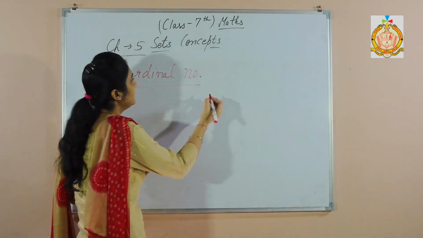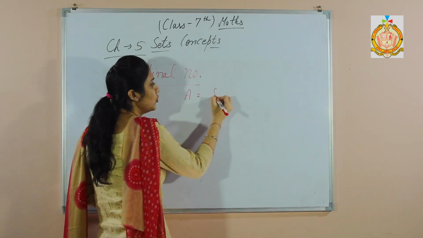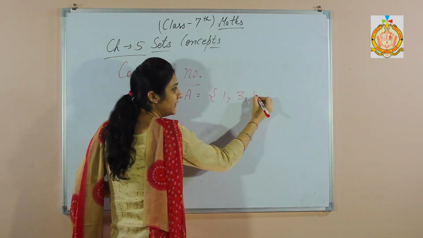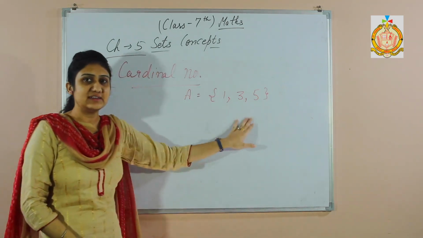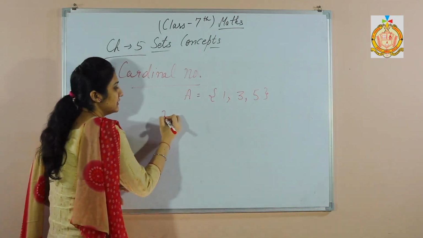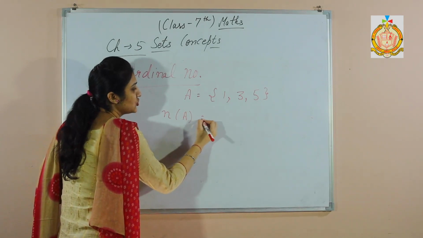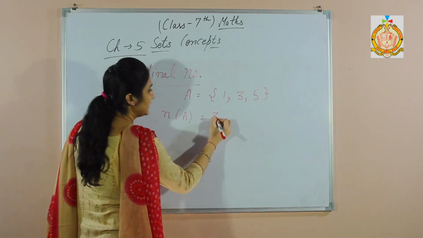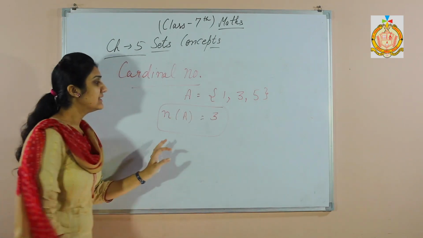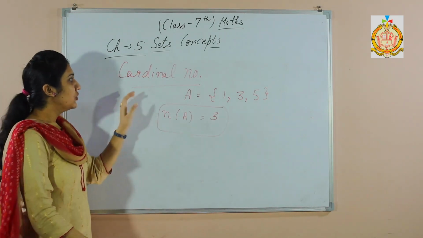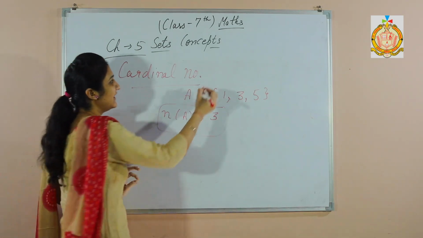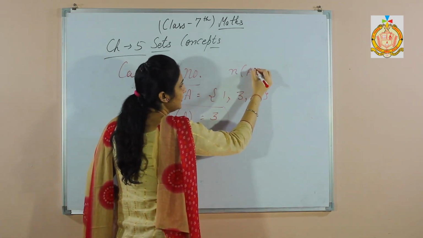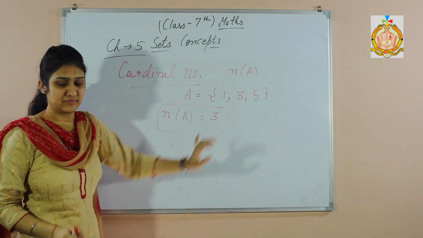For example, if I write a set A equals 1, 3 and 5, how many elements are there in this set? There are 3 elements. So we can write the cardinal number of set A is 3. We denote the cardinal number by n(A).